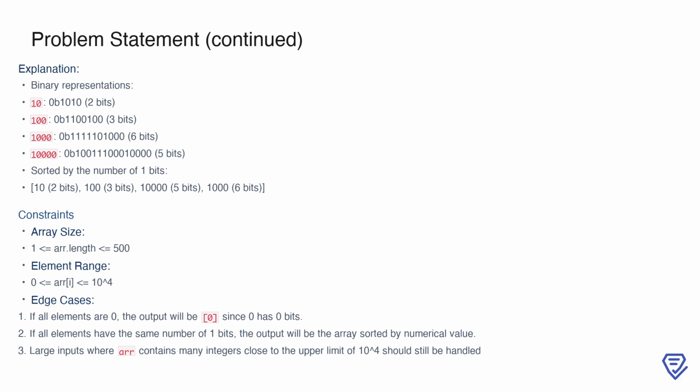Sorting these numbers by the number of 1 bits, we have 10 first with 2 bits, followed by 100 with 3 bits, then 10,000 with 5 bits, and finally 1000 with 6 bits. This ensures the correct ordering based on the rules.